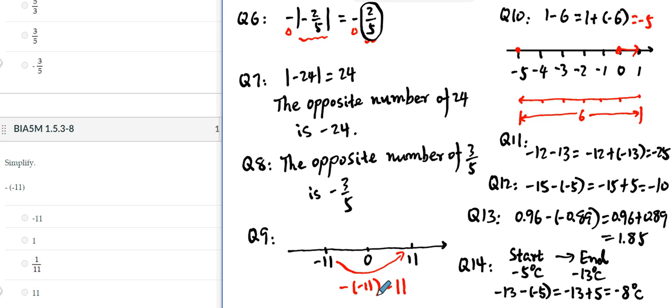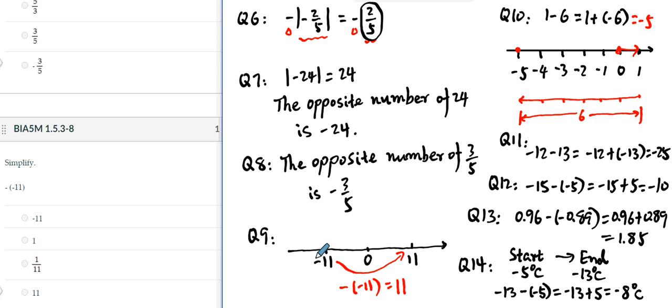Here is not absolute value. Here is the parenthesis, round brackets, and here is vertical line. That's different. Okay, again, putting a negative in front of any number is to find the opposite of this number.